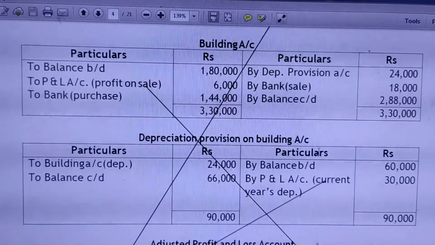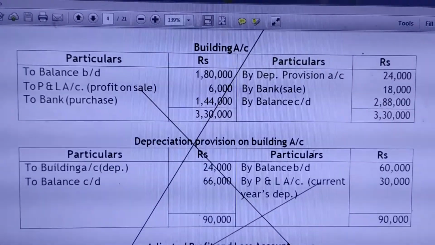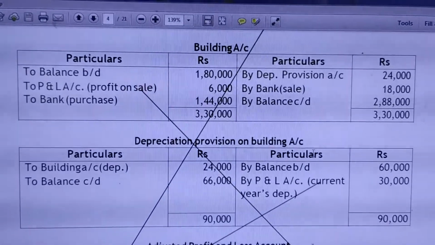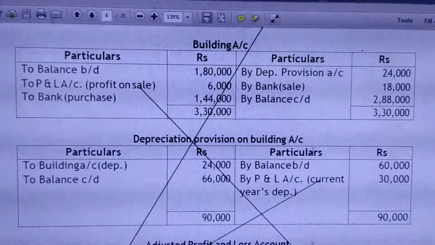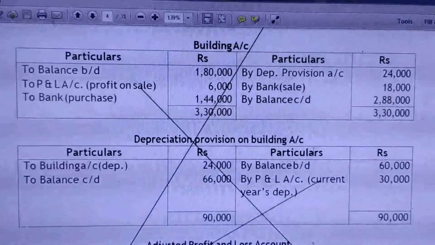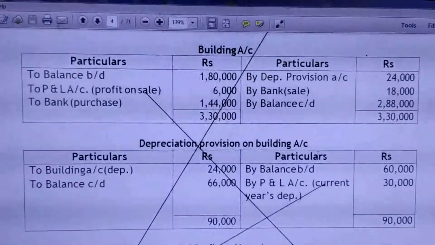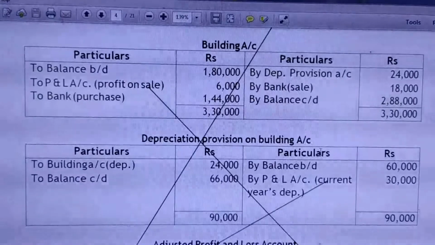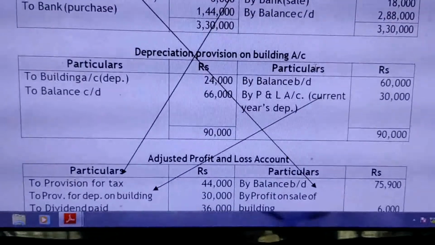Then by depreciation provision 24,000, and profit and loss account, profit on sale of building 6,000, by bank account sale 18,000, the balancing figure 1,44,000 will be the purchase. Okay, 3,30,000.